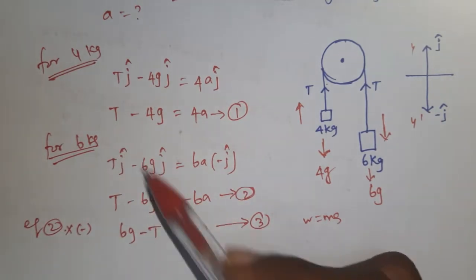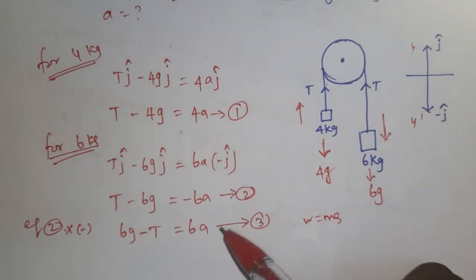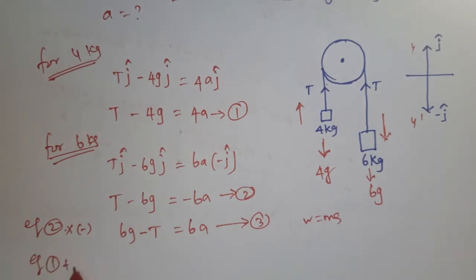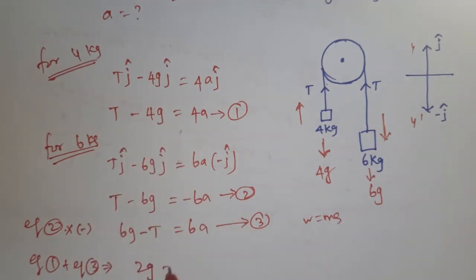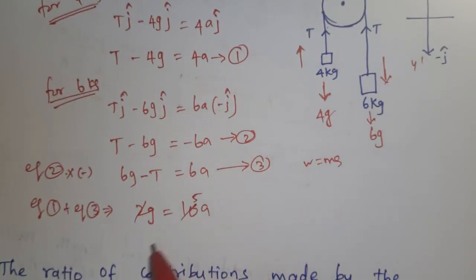So to cancel T, we have to add equation 1 and 3. If you add together, T is going to be cancelled. 6g minus 4g is 2g, equal to 4a plus 6a, which is 10a. Then 5 2s are 10. Then a is equal to g by 5.